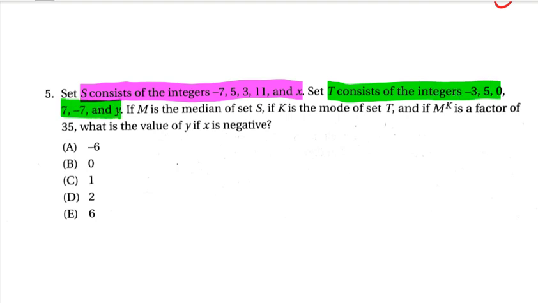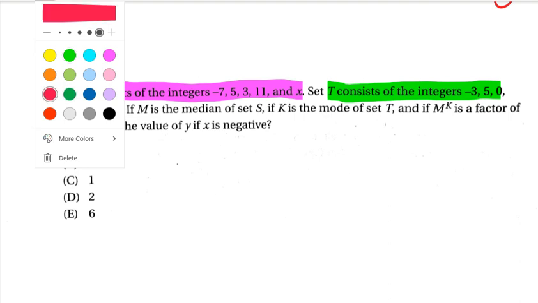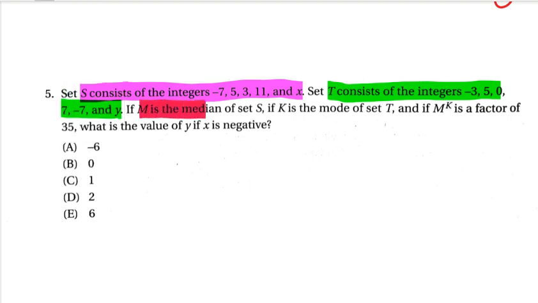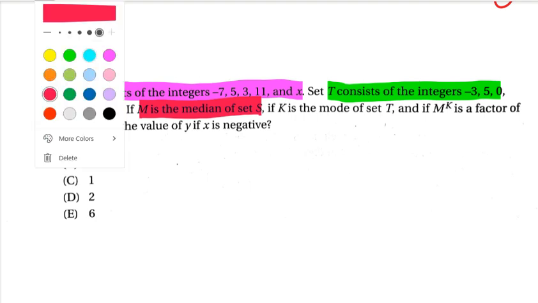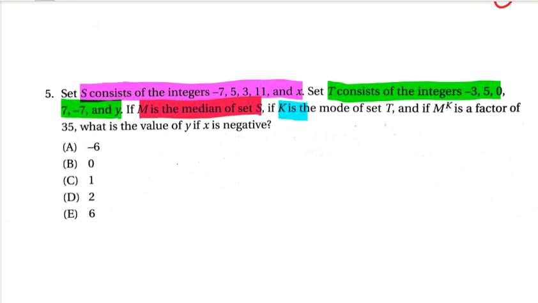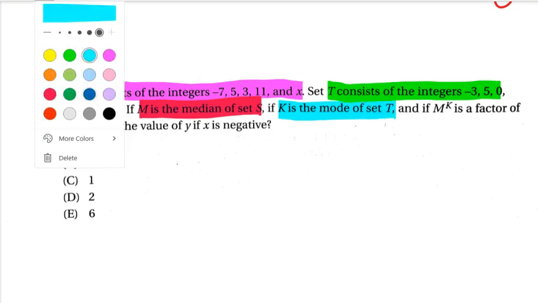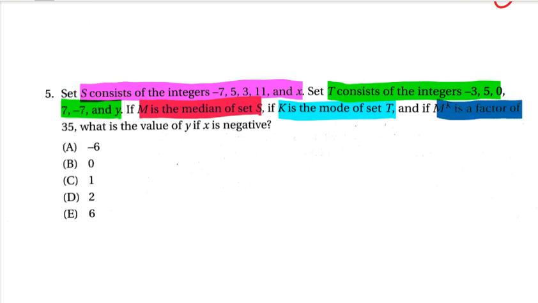M is the median of the set S. K is the mode of the set T. And M^K is a factor of 35.